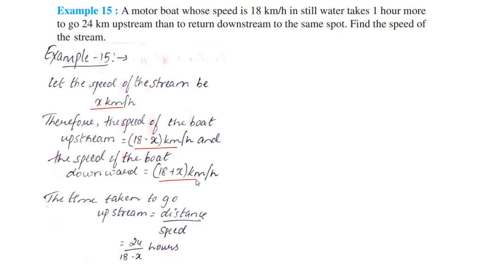So the time taken in the upstream will be 24 by 18 minus x. We know time taken has the formula distance by speed. We know speed is equal to distance by time, so time is equal to distance by speed.